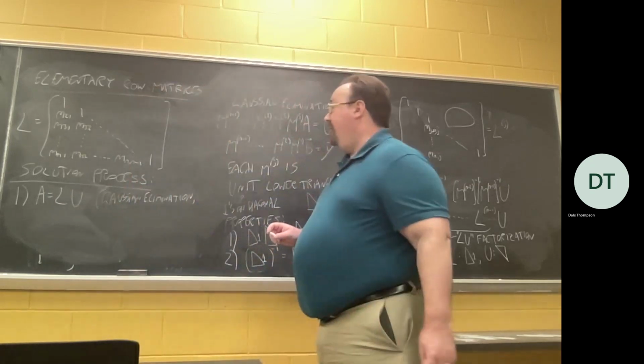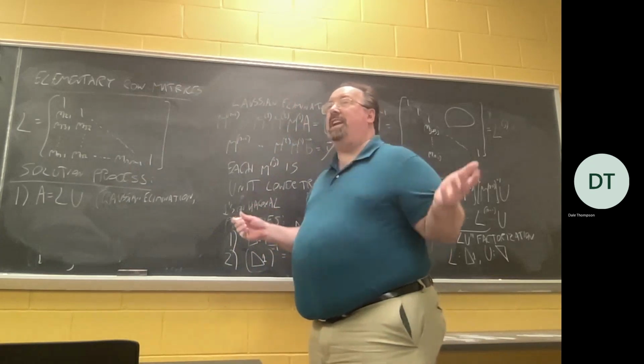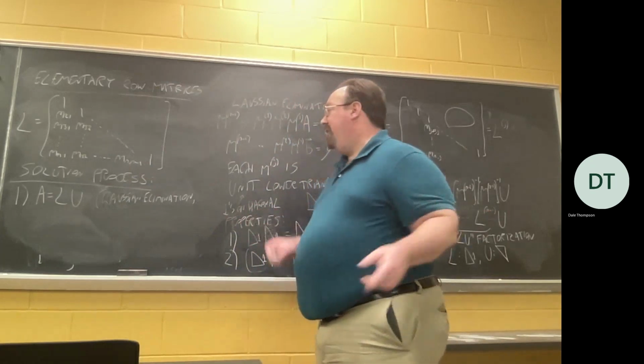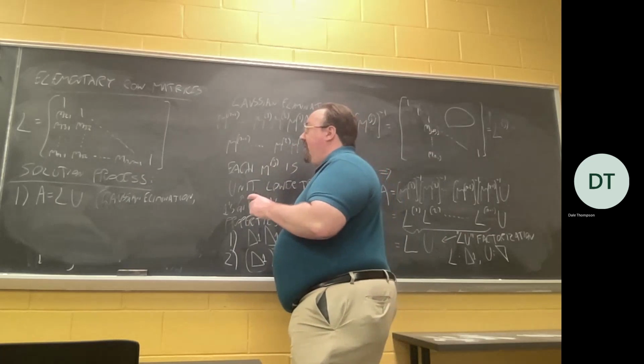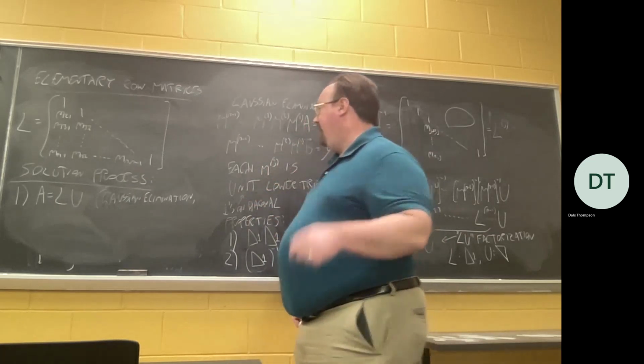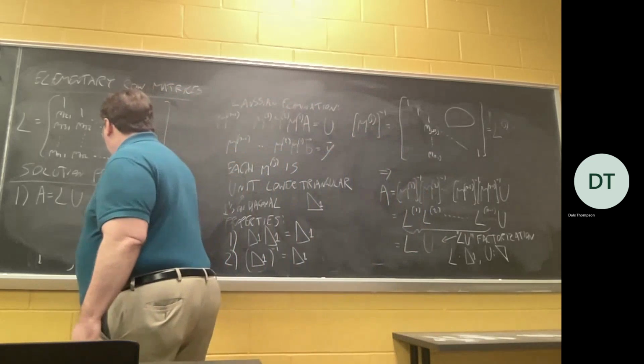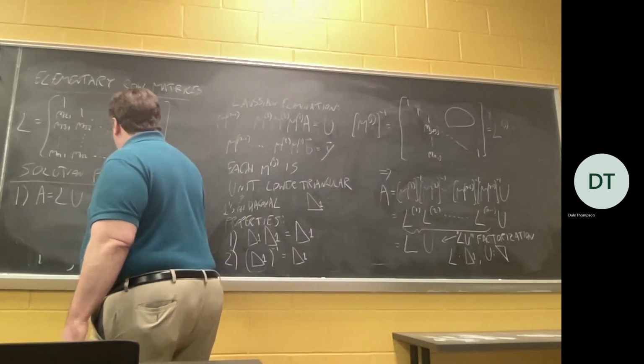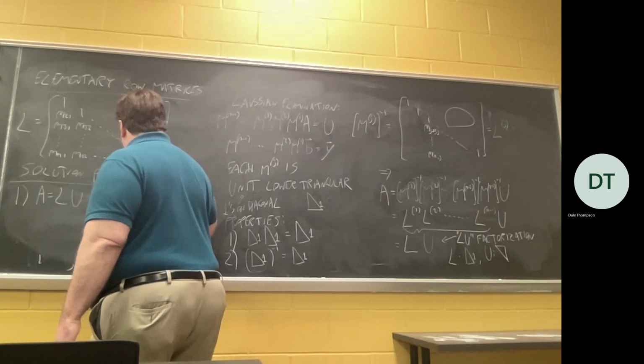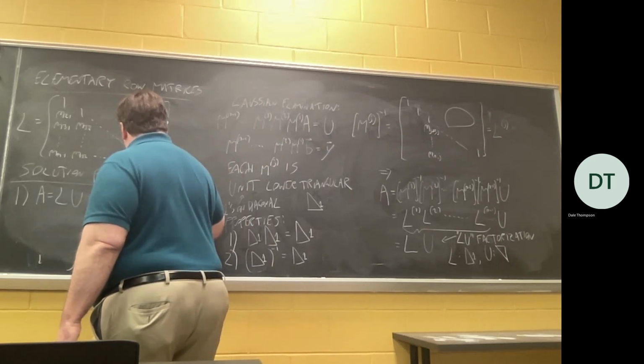And the U is the same matrix U that we've been getting through rows of row operations. That part's no different. What is different is as we compute multipliers, we store them in the lower triangle.